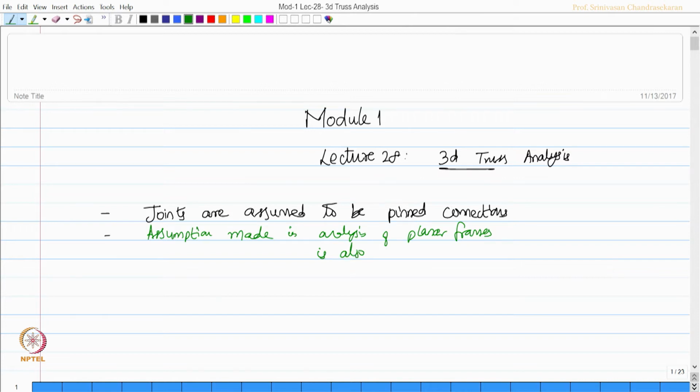This is also valid for the 3D truss system.